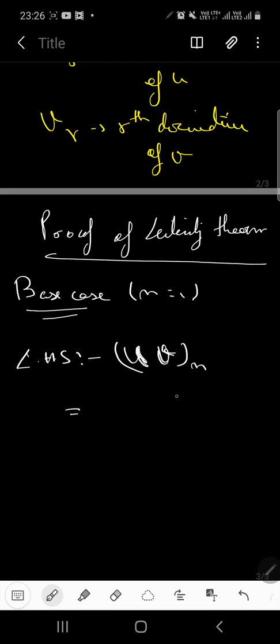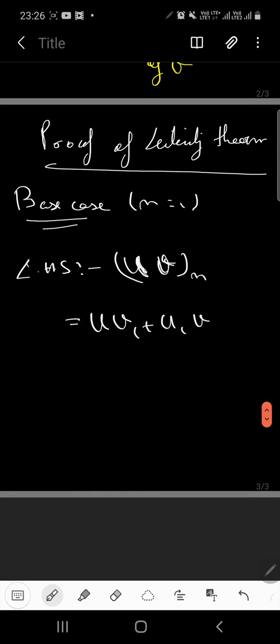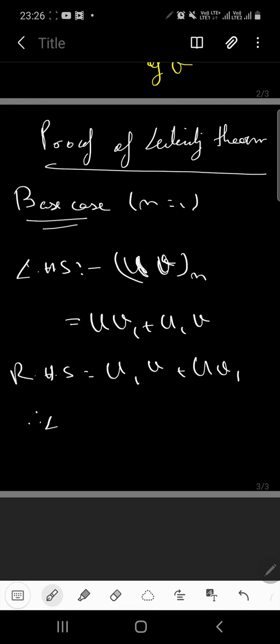We will directly apply the product rule, which gives you u v_1 plus u_1 v, and the RHS according to the theorem becomes u_1 v plus u v_1. Therefore LHS equals RHS, true for n equal to 1.